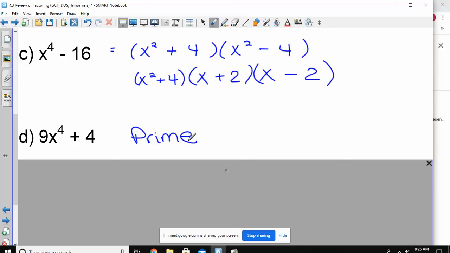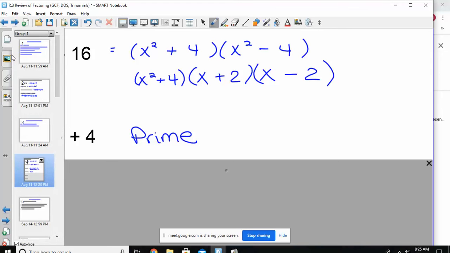Box method. Okay, so that's the last piece of factoring we're going to talk about today. We're going to do some box method problems, and then tomorrow we'll just be practicing all of this some more.